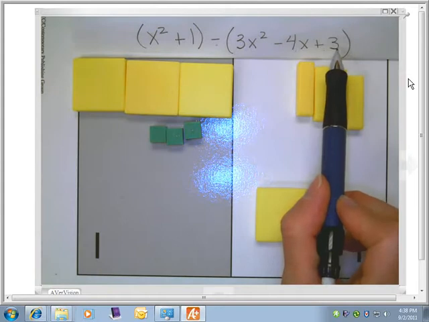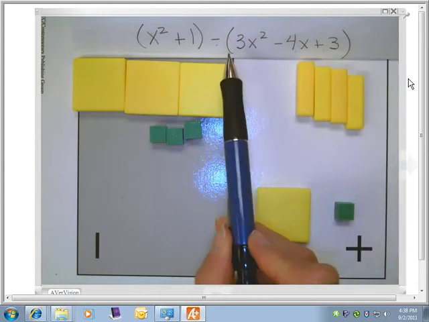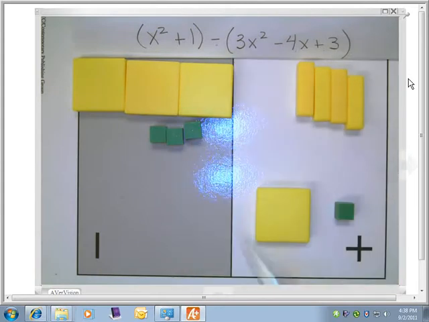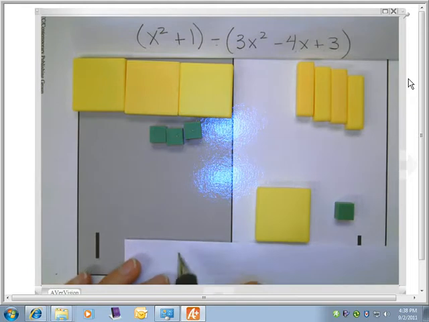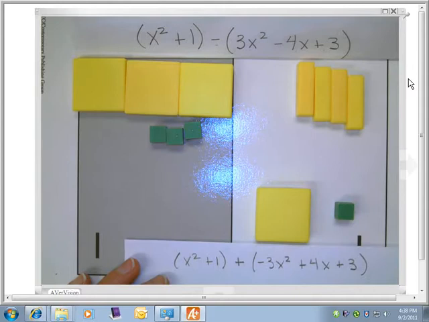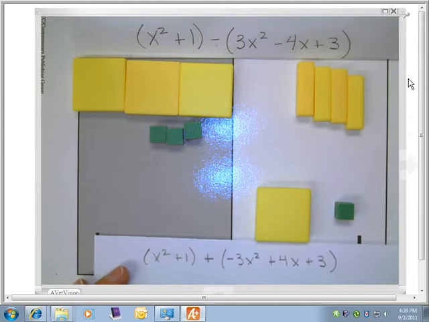Okay. So remember, what I did first was I took care of the negatives, took the opposite of. Which means now, once I take the opposite of, I'm going to be adding. So essentially what I did was, I have x squared plus 1 plus negative 3x squared plus 4x minus 3.